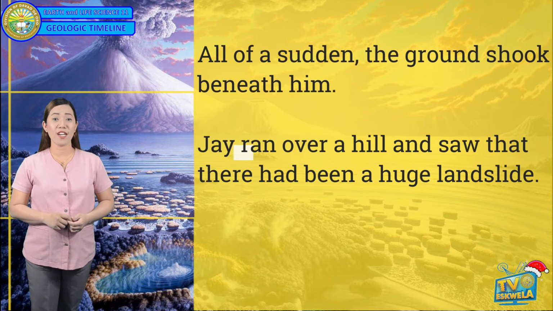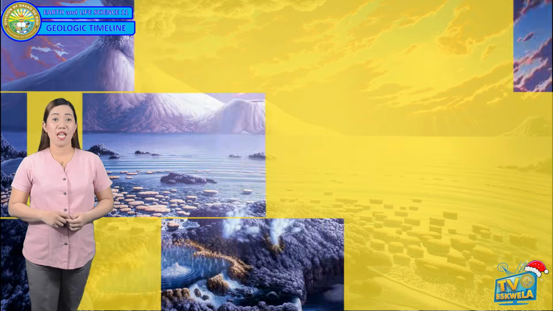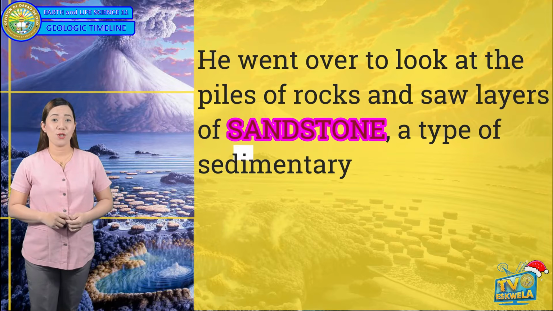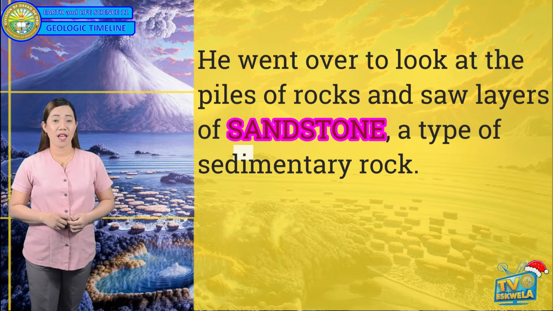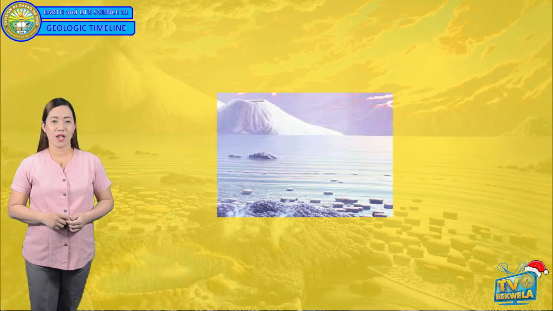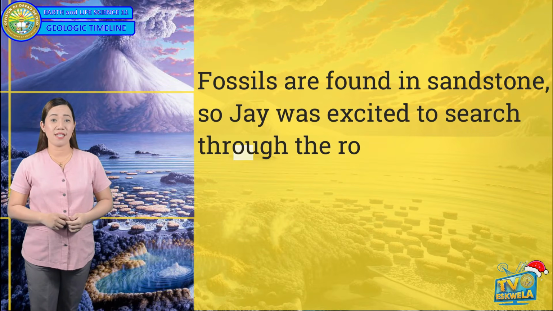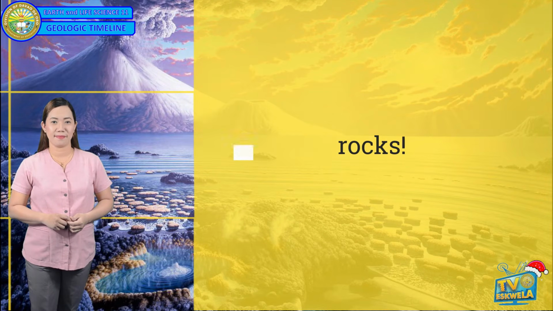Jay ran over a hill and saw that there had been a huge landslide. He went over to look at the piles of rocks and saw layers of sandstone, a type of sedimentary rock. Fossils are found in sandstone, so Jay was excited to search through the rocks.